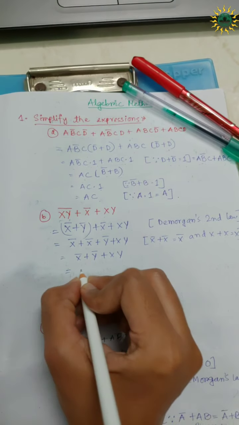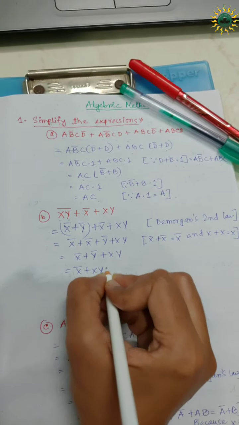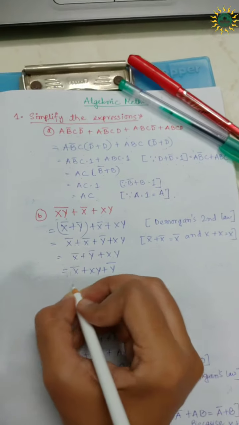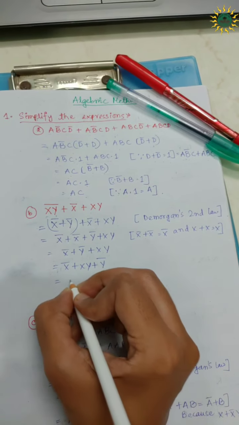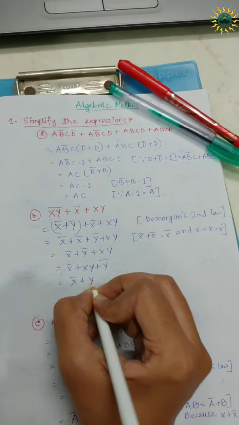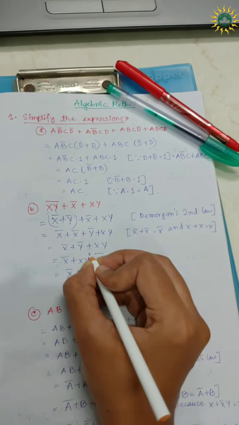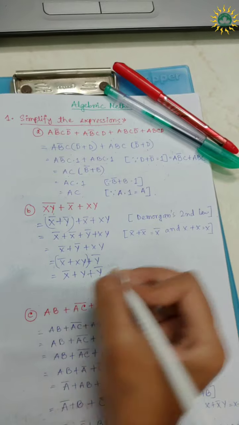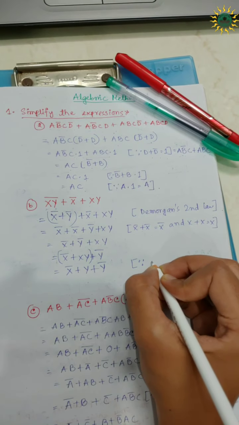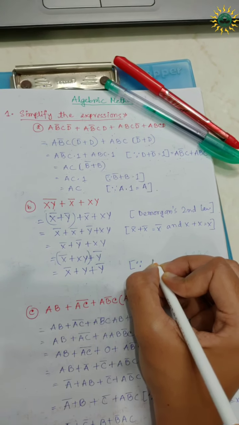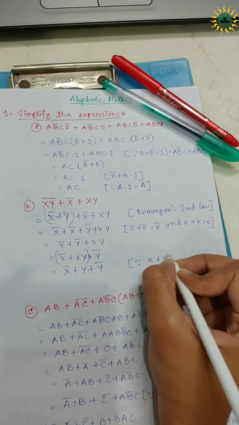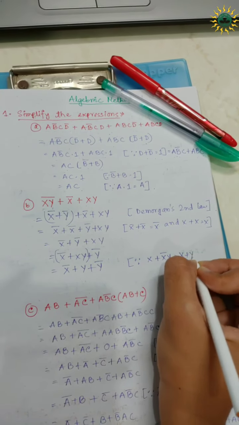Okay, now we will change it. Now this gives you x bar plus y. Why? These two give you x bar plus y using the formula where x plus x bar y is equal to x plus y.